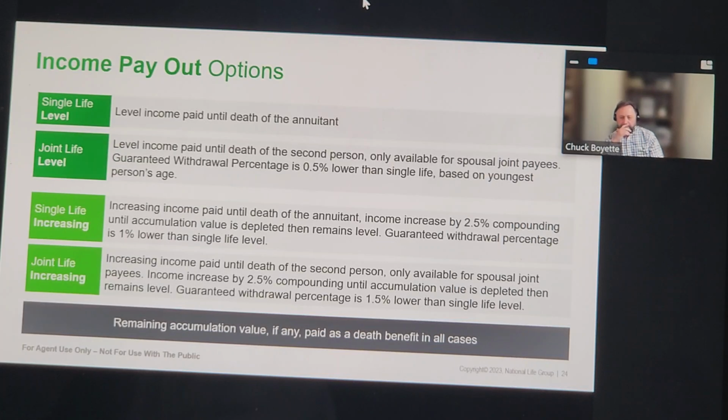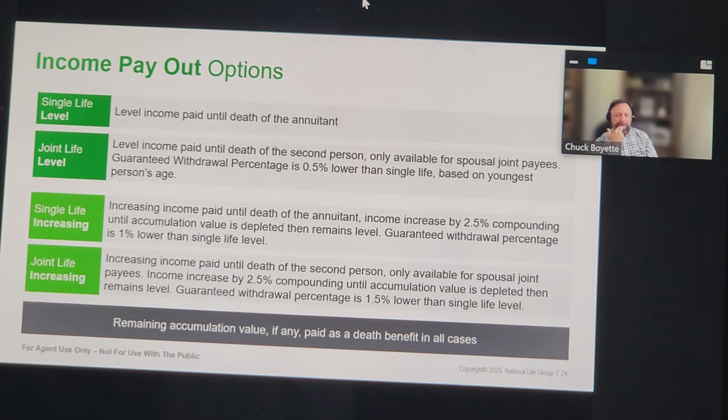One's the annuitant, but when you select the income option, you would select joint life level if they want that option, and that would allow income to continue after the first spouse passed away. Okay? I hope that makes sense to you guys.